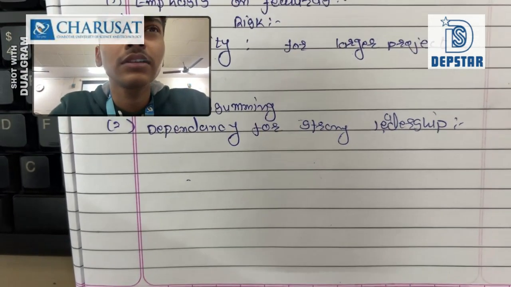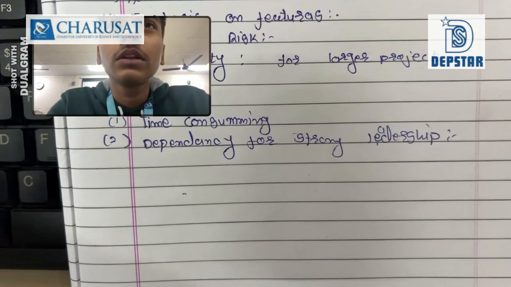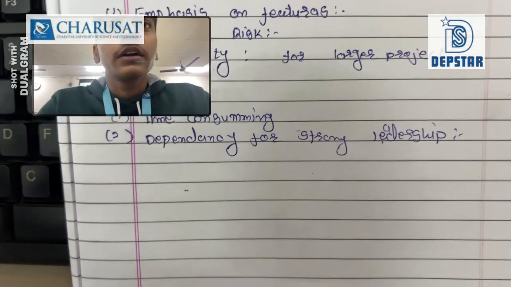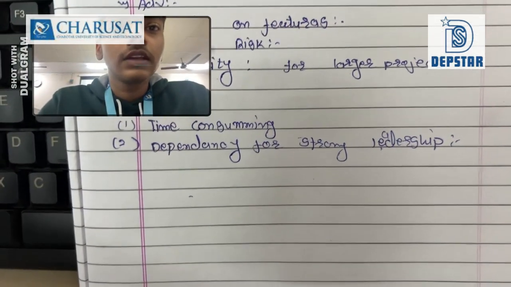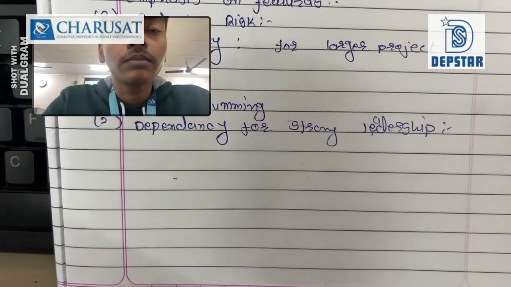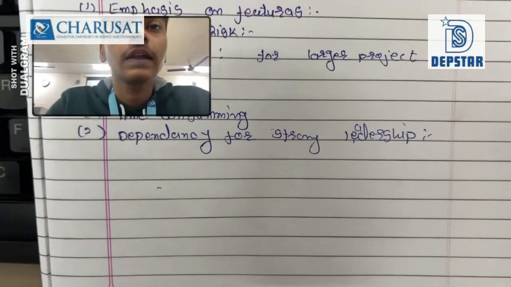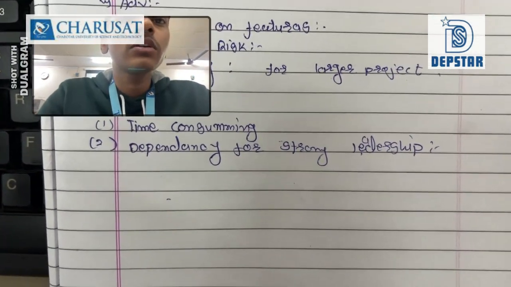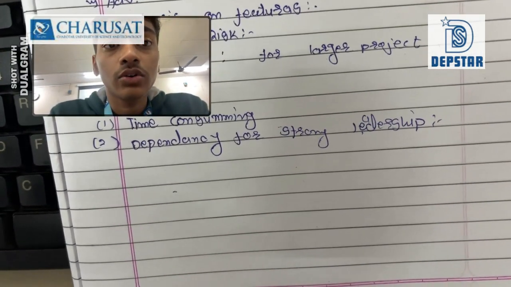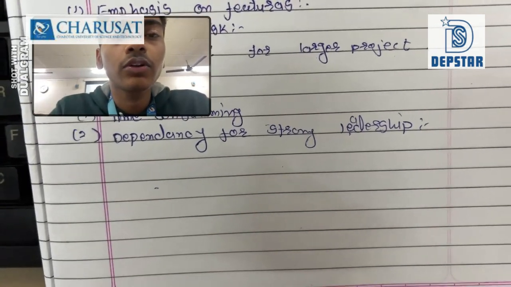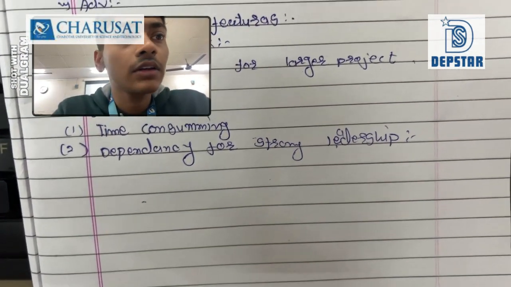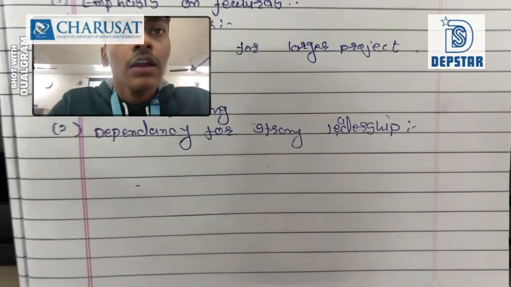It also reduces risk, similar to the spiral model, because we divide the model into 5 parts. The last one is scalability, because this is for large projects, and large projects have more features and more feature connectivity.